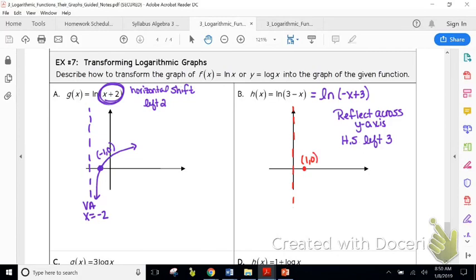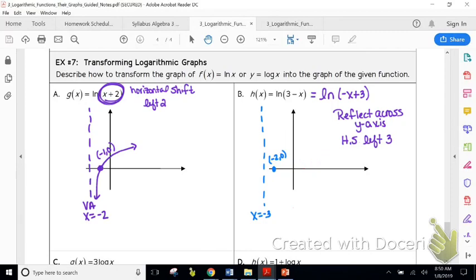But we're going to have to do our shift first. So let's move everything to the left 3. My asymptote's going to move to the left 3. Where's it going to be? It's going to be over here at negative 3. And my point's going to move to the left 3. So where's it going to be? Negative 2. But I'm not done, am I?